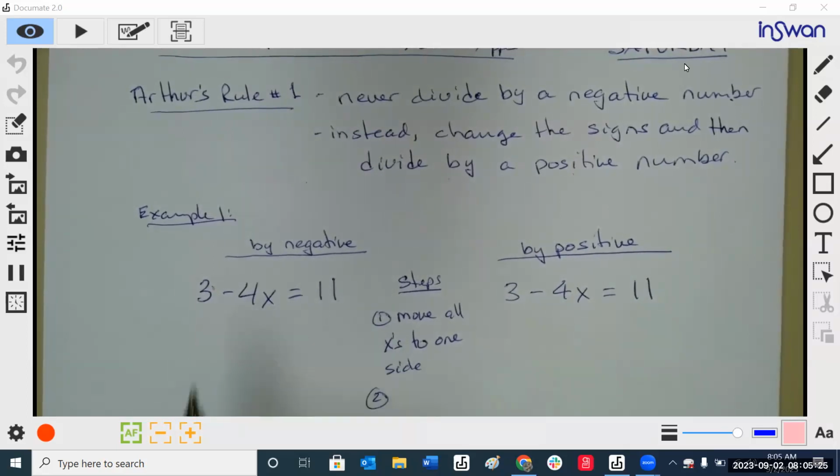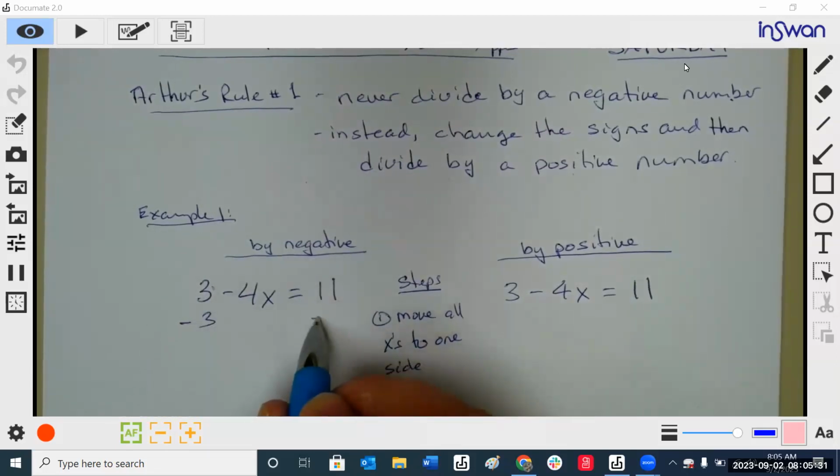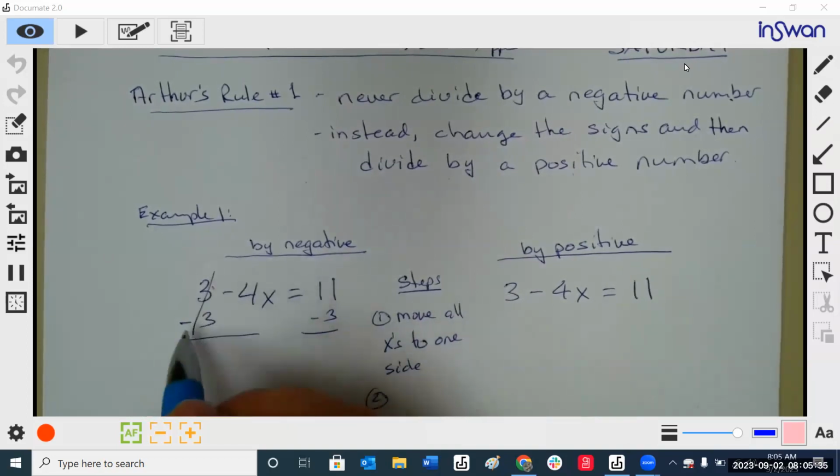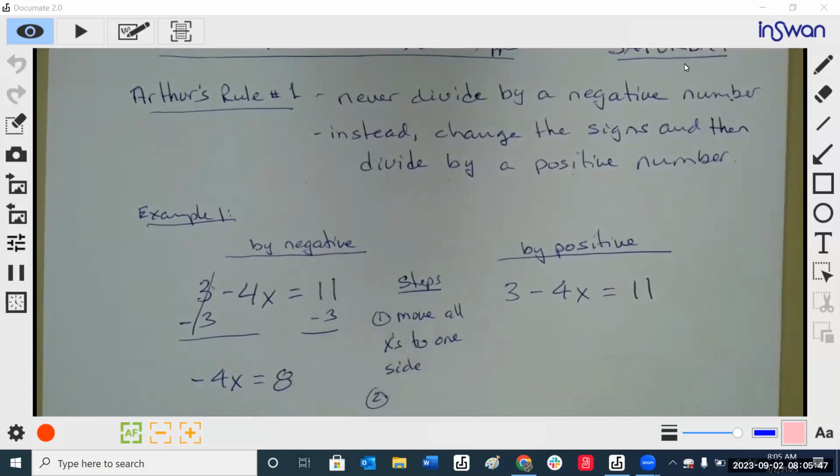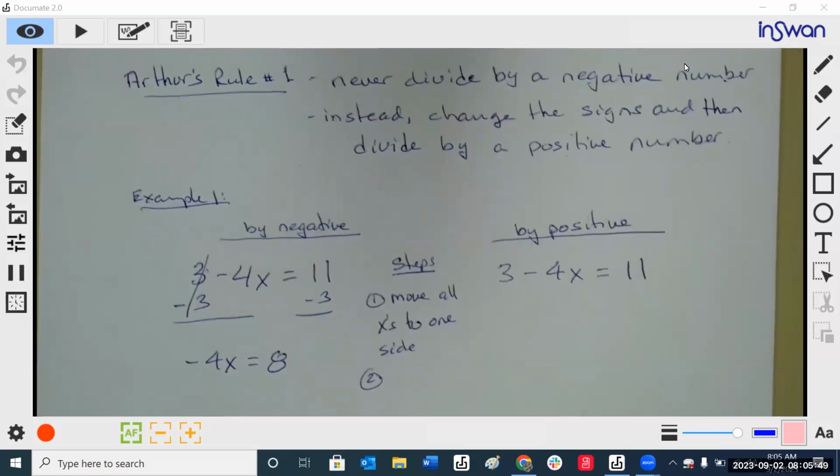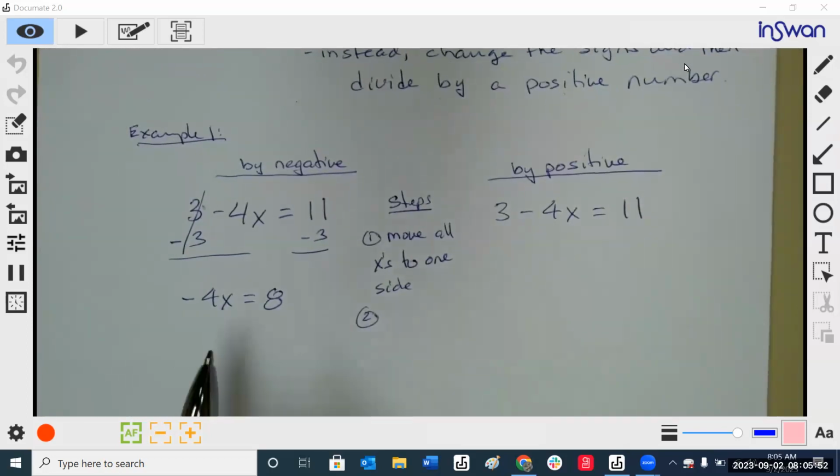So how do we get the X by itself? What do we have to do? Subtract 3 from 11. But yes, you're right. The 3's cancel. We have negative 4x. 11 minus 3 is... Then what would you do?